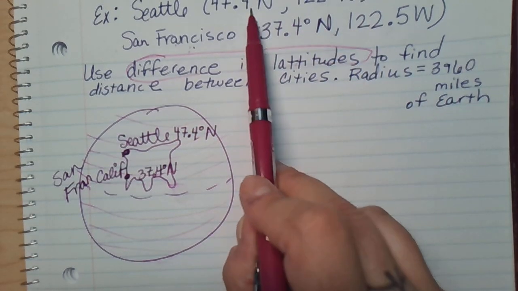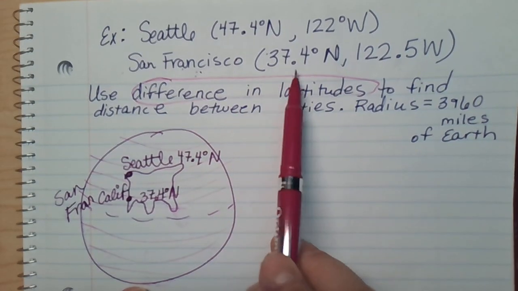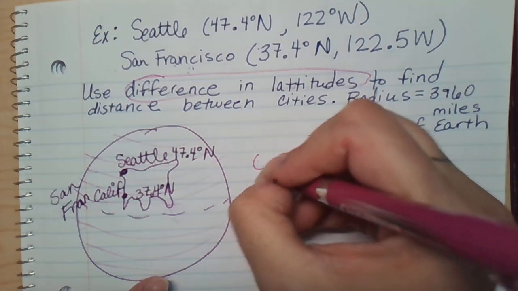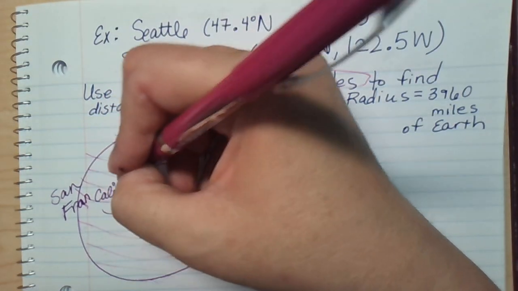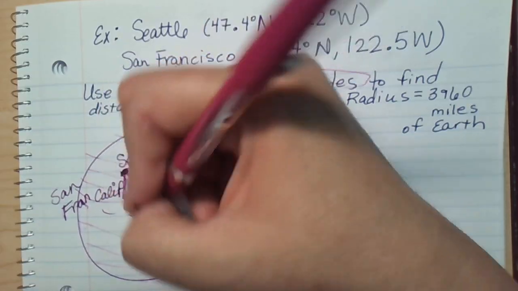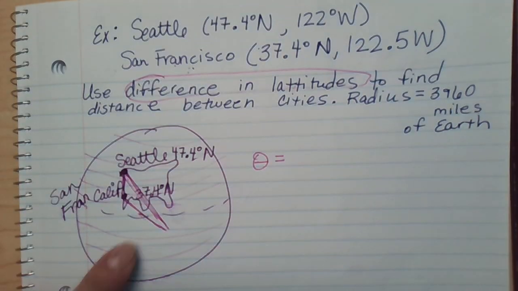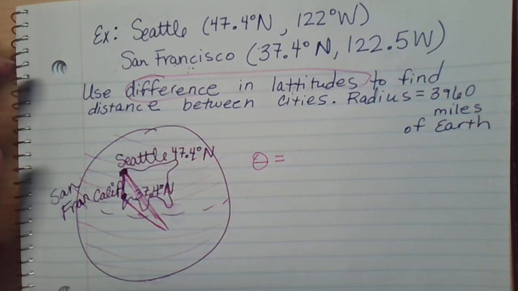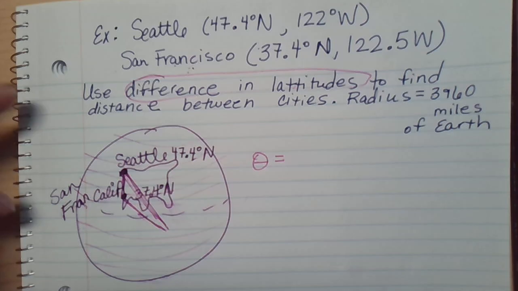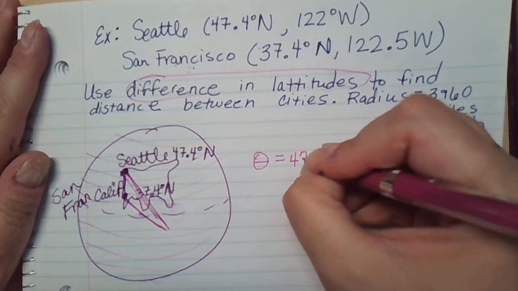So we're going to subtract these norths to find the angle of this wedge that is created when I cut out Seattle and California. I don't know how to do it with this piece of fruit. Okay. So let's subtract our angles, 47.4.